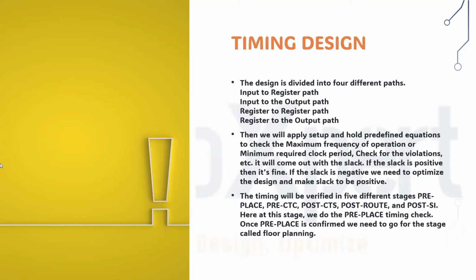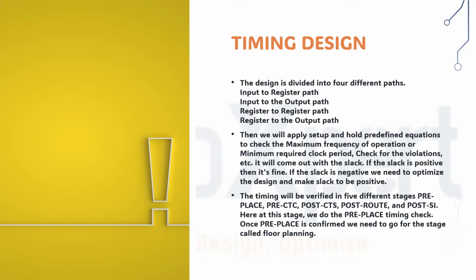We'll go deeper in the next webinar about timing, what we call static timing analysis. In the timing preparations, we check input to register, from external factors to the register, input to output path, from input to output of the chip, register to register, that is flop to flop timing, and register to output.